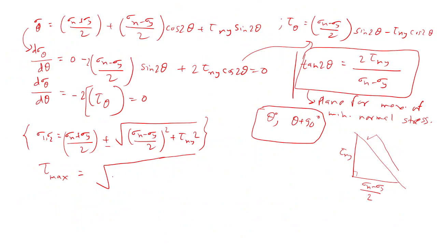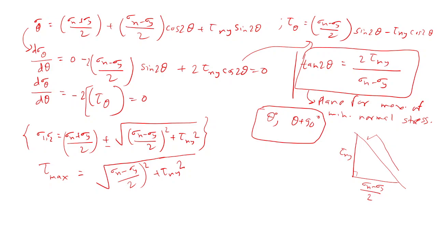So what about tau max? Sigma 1 minus sigma 2 by 2. So this will become sigma x minus sigma y by 2, whole square, plus tau xy square. Is it clear to everyone? What is principal plane, what is principal stress?